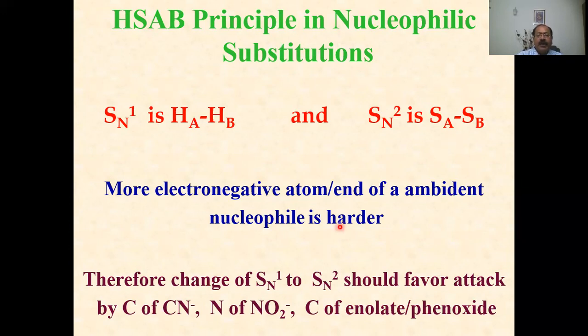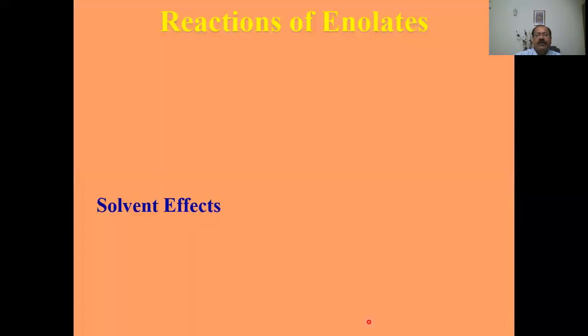Similarly, the nitrogen end of nitrite, which is softer, will give SN2, and the oxygen end of nitrite will be responsible for going through SN1. The same is the case with enolates, as we saw earlier. In an enolate, we have a negative charge on carbon and oxygen. So the carbon end is softer and the oxygen end is harder.